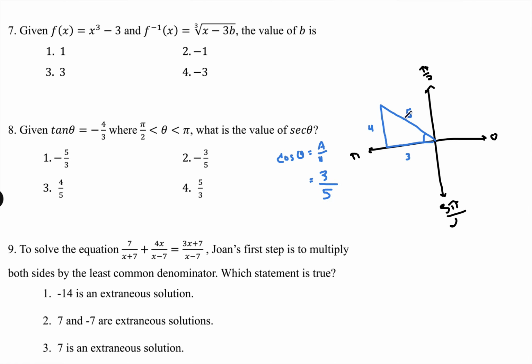Also, cosine has to be negative here, because in quadrant 2 only sine is positive. But secant looks like 1 over the cosine of an angle, which means instead of adjacent over hypotenuse, it's hypotenuse over adjacent, so it's 5 over 3, but it's also got to be negative. Answer choice number 1. Okay.